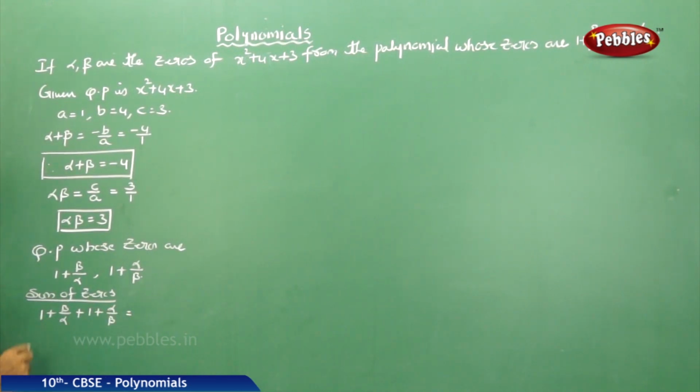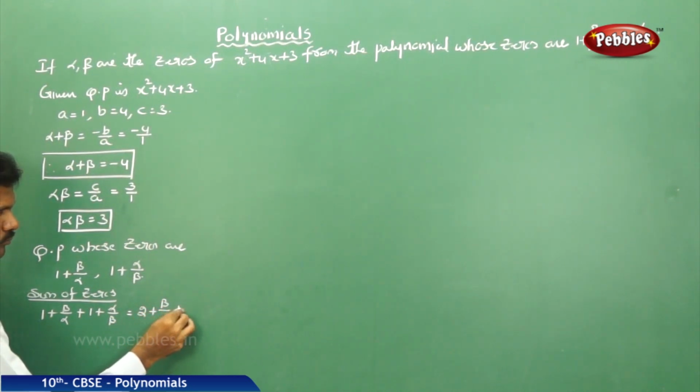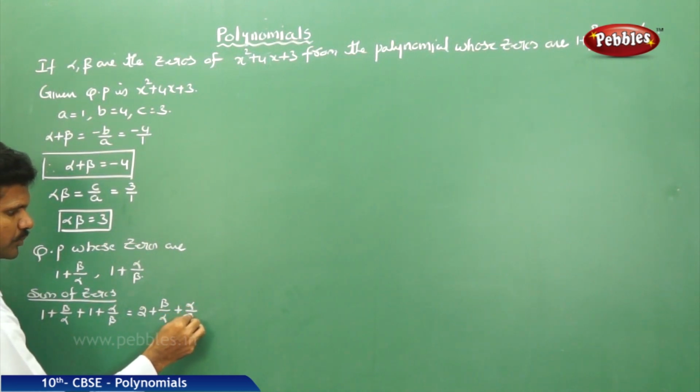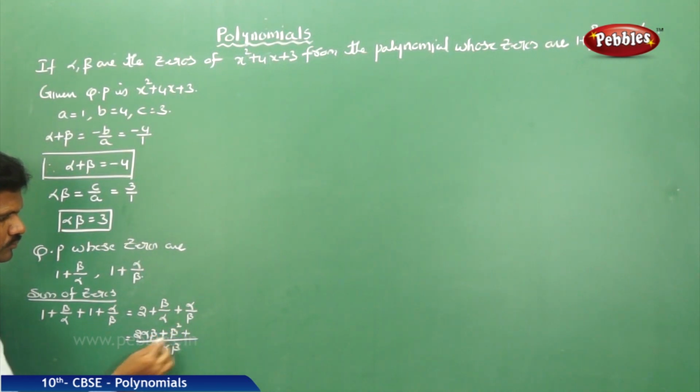Simplifying, 1 plus 1 is 2, plus beta by alpha plus alpha by beta, that is equal to, with LCM alpha beta, 2 alpha beta plus beta square plus alpha square.